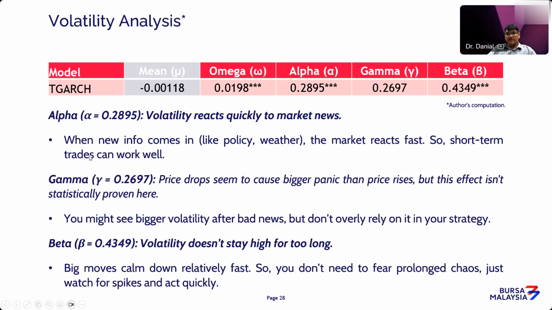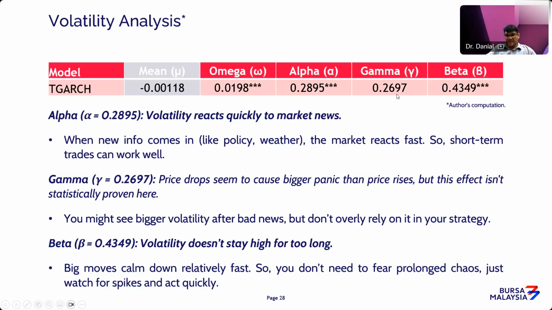Alpha, when new information comes in, like policy or weather, let's just say at a soybean plantation in the US, if something happens to bean oil due to the policy or the weather, CPO futures are really efficient in reacting. So short-term trades can work well in this situation.